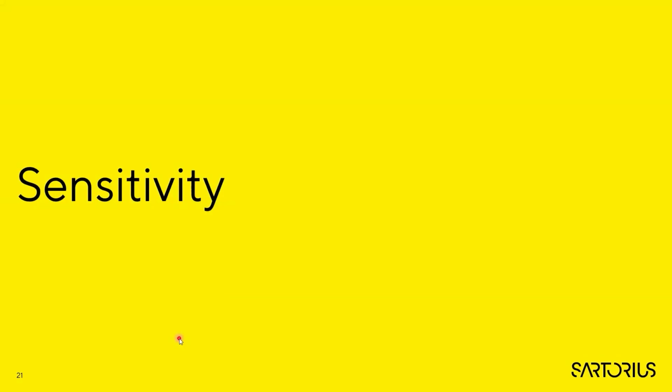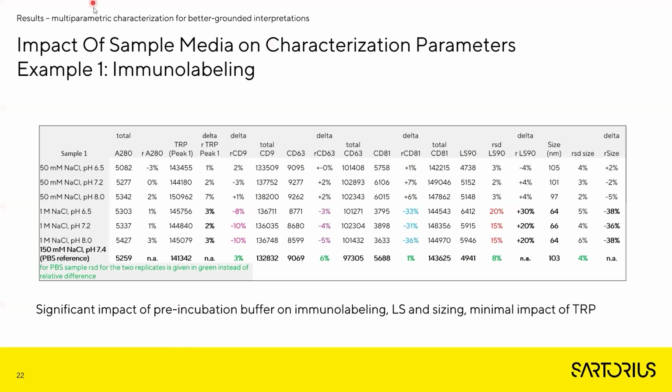So I would next like to address the sensitivity of the method to detect changes in the sample and sensitivity to the factors of the background media of the sample. On this slide, you can see the characterization results for a sample spiked into different buffers, having different salt concentration and different pH.